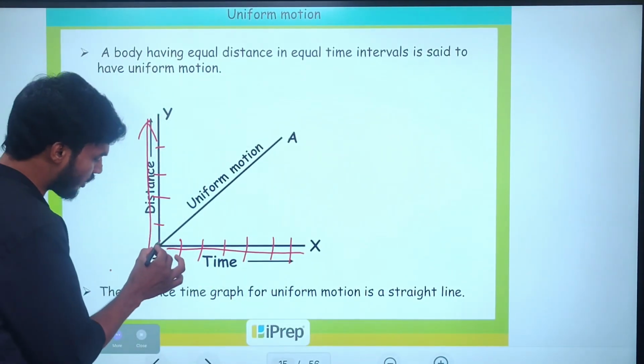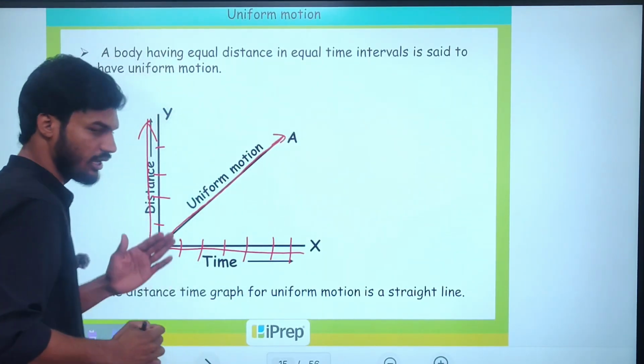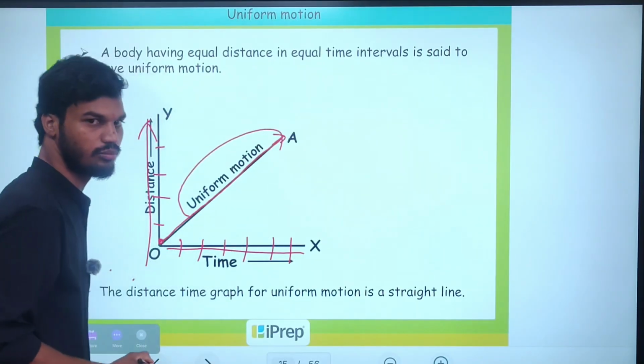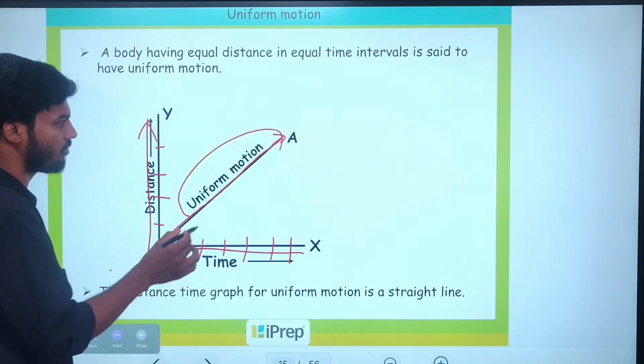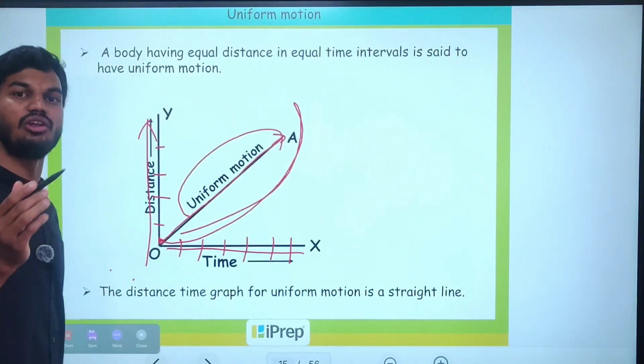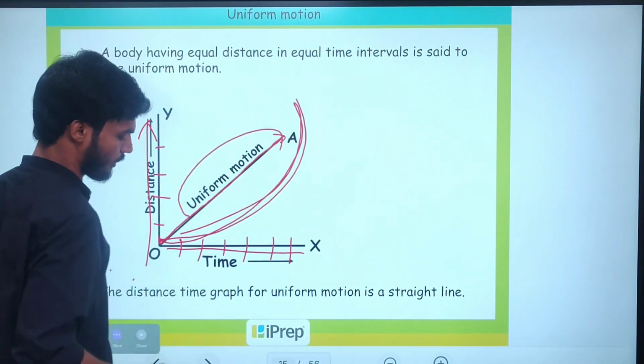In uniform motion, there is a straight line. When there is a straight line in the graph, you can simply say that it is uniform motion. But in non-uniform motion, the line will be in the form of a curved path.